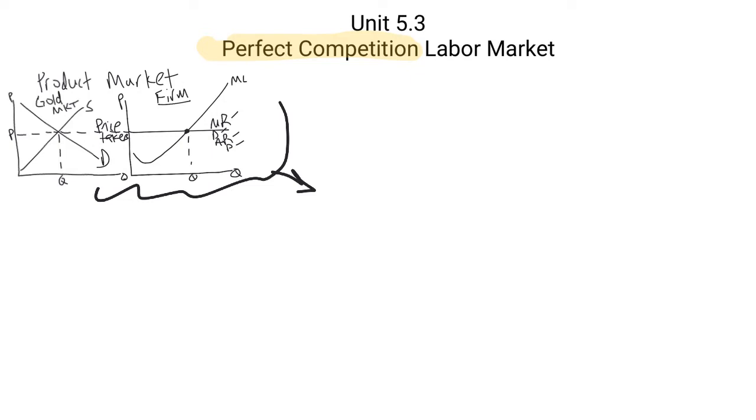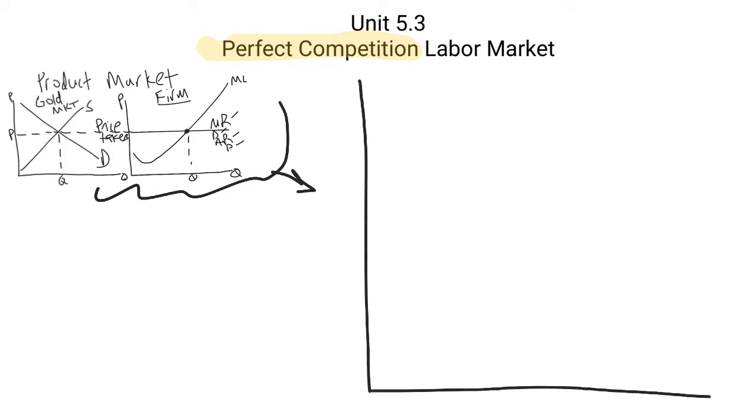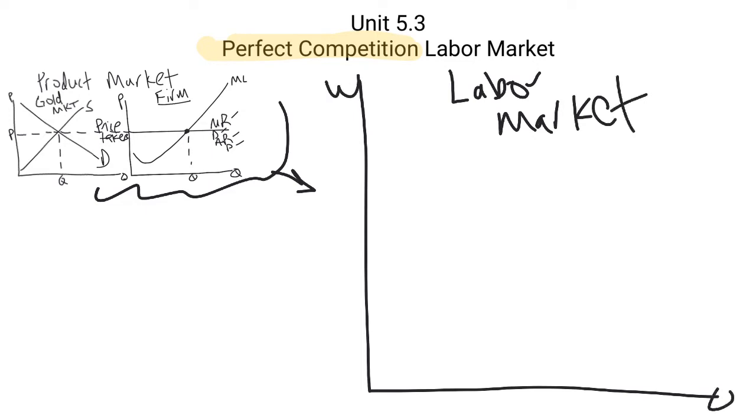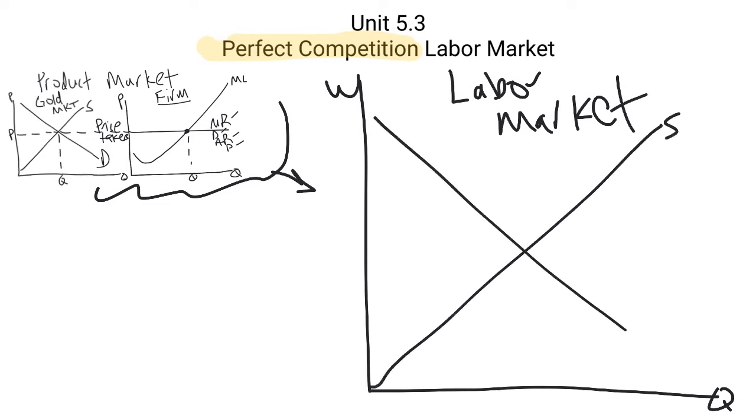In a previous video we set up our market just like this. So we have what we'll call the labor market. And like we've learned already, we have a wage and a quantity of workers, we have a supply of workers and a demand for those workers. Remember, the supply is the individuals, and the demand are the firms. And this sets the wage for workers. This is the equilibrium wage, and this is the equilibrium quantity of workers.